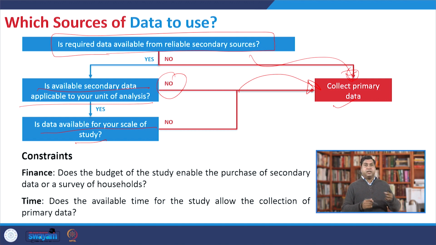Then look at what level the data is available and whether that will serve your purpose. Say population data is available, but we don't have the mode share data. The population information is available, but what mode they are using for their trip may not be available.